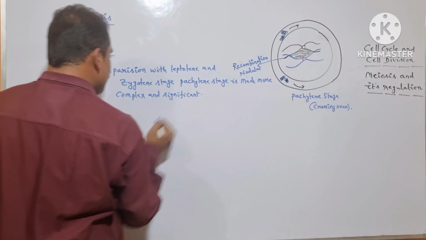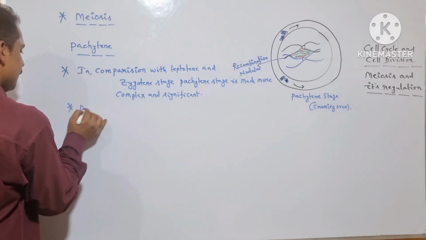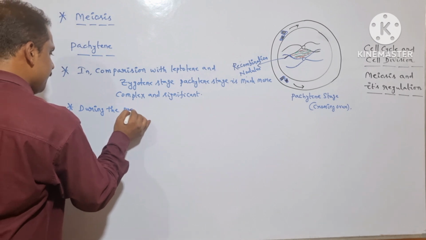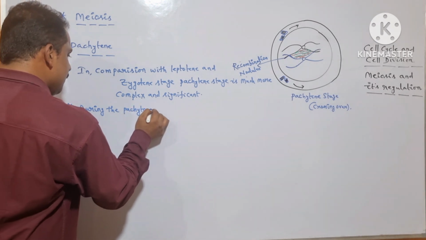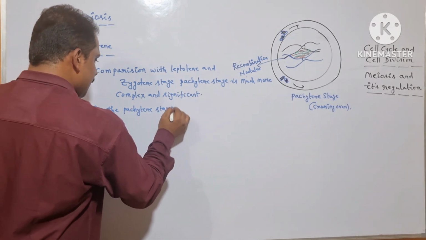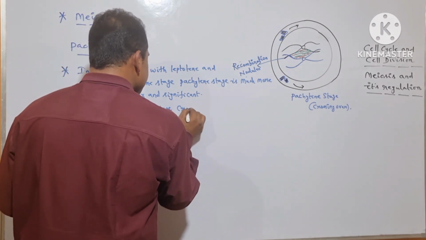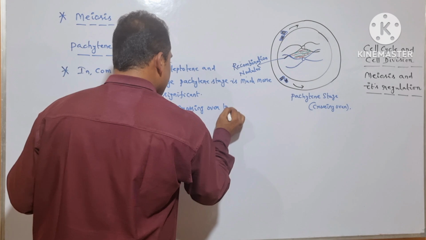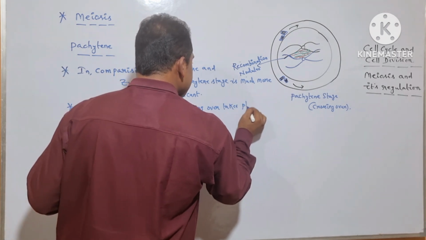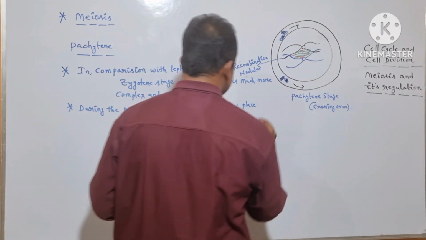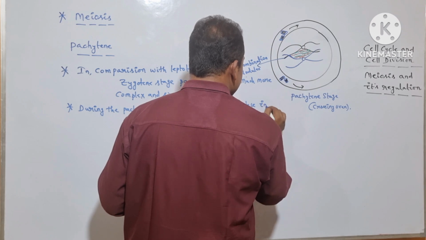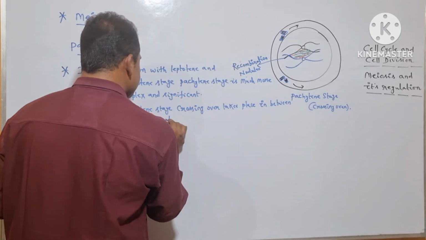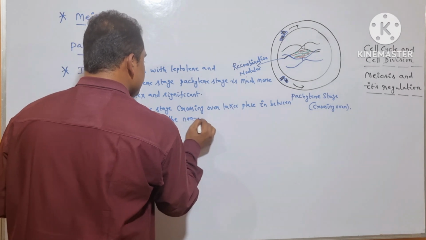So here during the pachytene stage, crossing over takes place between the non-sister chromatids of homologous chromosomes.